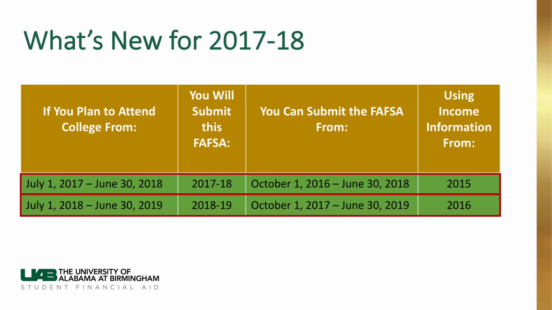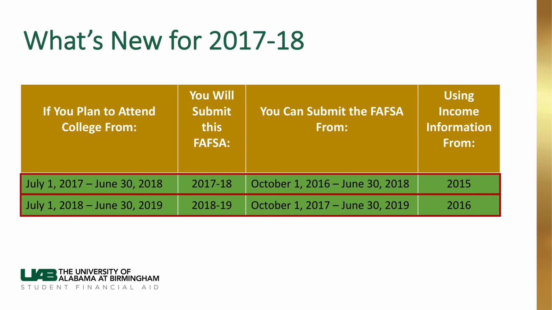So here's kind of what's going to happen. If your child is going to attend college in the 17-18 school year, then you can start submitting the FAFSA on October 1st, that's this Saturday, and you're going to use income information from 2015, all right? That information for almost everyone should be readily available using the IRS data retrieval.